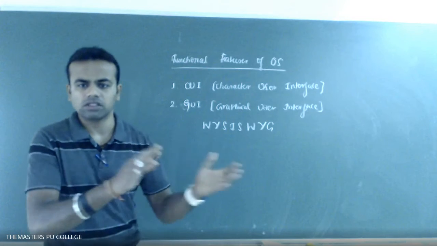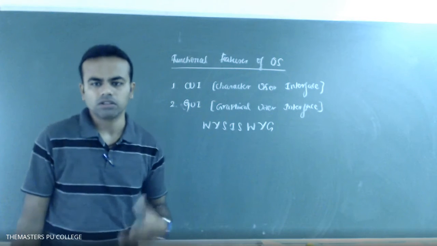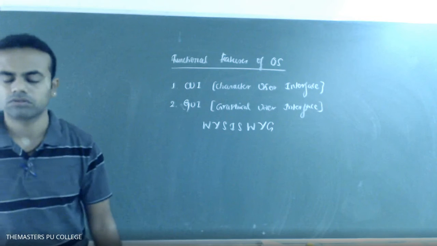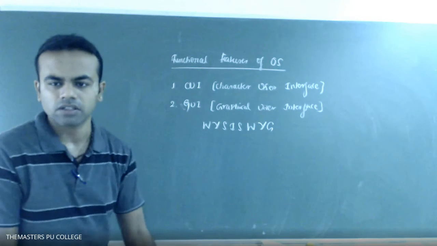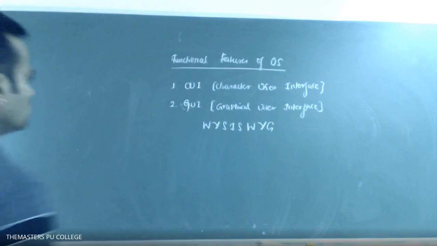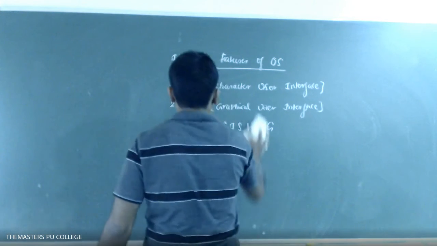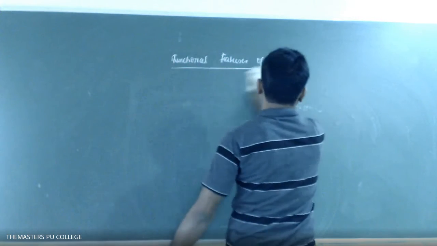Shall I write the difference between these two? So you can get this concept. This chapter will be finished after this, right? Make it 2 columns. What about the application software, sir?